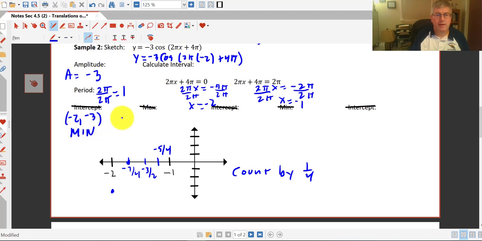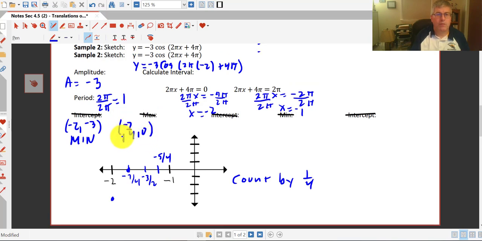And then we had an intercept here at negative 7/4, 0. So that's an intercept. And then our next one is going to be a maximum, isn't it? So at negative 3/2, now we're going to be all the way up at 3. That was normally negative 1, but we're reflecting this.